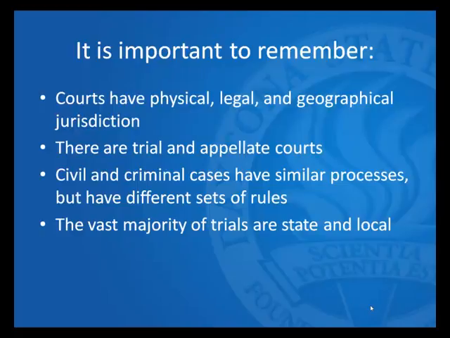For instance, certain courts have jurisdiction over U.S. citizens overseas. There are trial and appellate courts. Trial courts are finders of fact, and appellate courts review the legal actions of the trial courts. There are civil and criminal cases which have similar processes but have different sets of procedural rules. And the vast majority of trials are state and local.